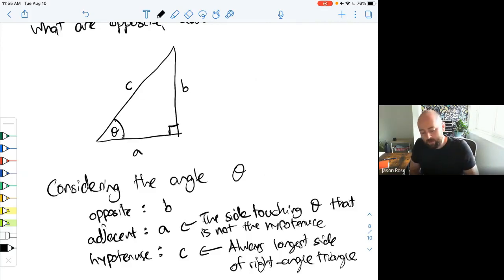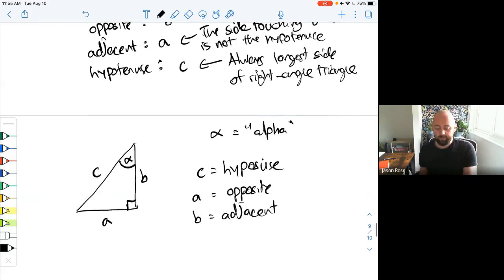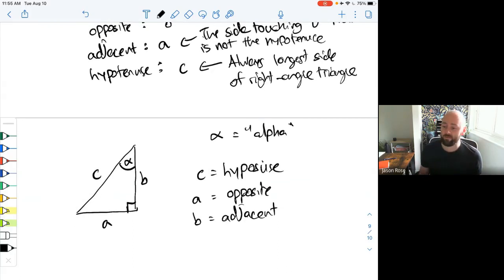So it's important to have a notion of, when you're looking at a right angle triangle, which side of the triangle is opposite to the angle that you're considering, which one is adjacent, and which one is your, wow, that's a horrific spelling of hypotenuse. Let me change that. Hypotenuse.